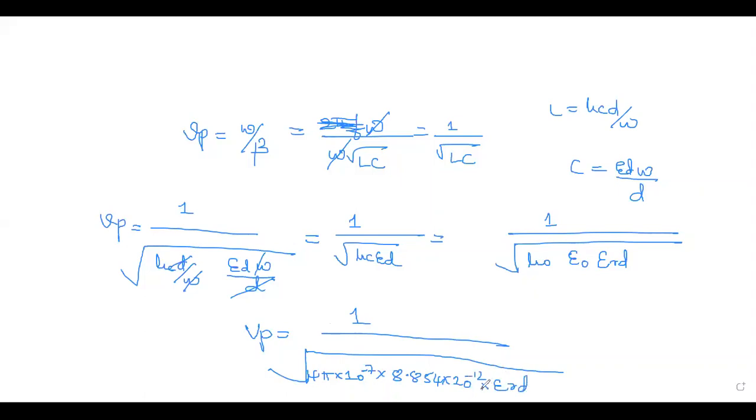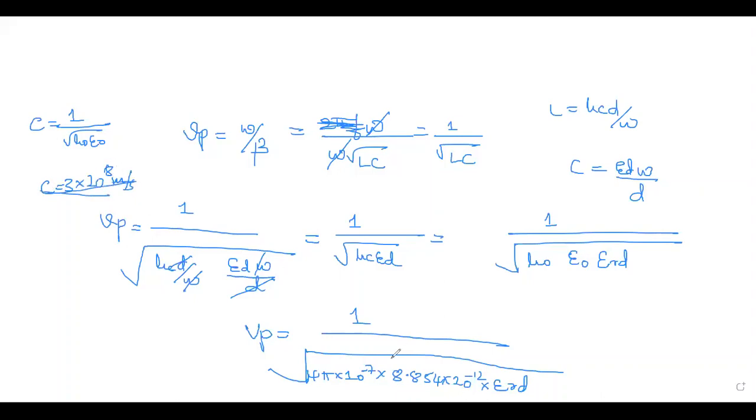So what is the value? You should be getting, you know, the equation c is equal to 1 by square root of mu naught epsilon naught. So 1 by this value, you should be getting 3 into 10 to the power 8 meter per second.